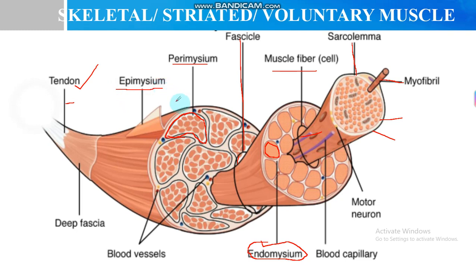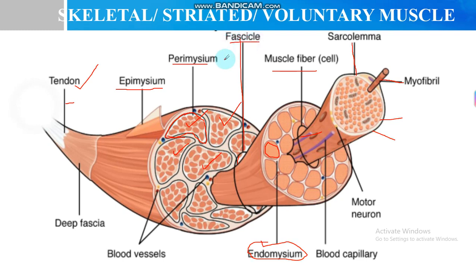The epimysium encloses many bundles of muscle fibers. So, this is a bundle, this is another bundle, this is another bundle. All of them are bundles. So each bundle of muscle fibers is called a fascicle.